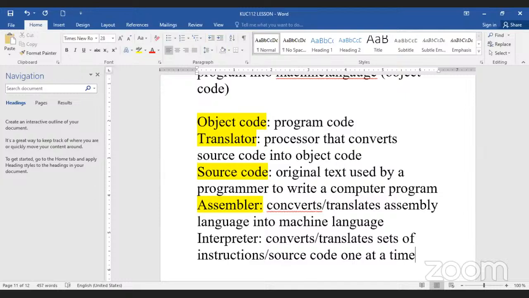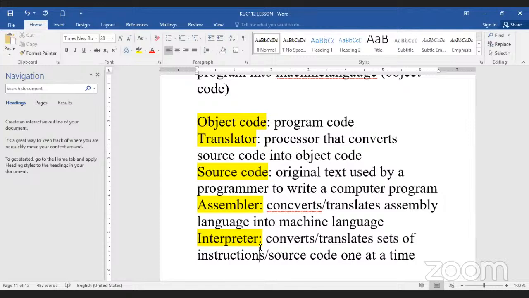So you can refer to the difference between an interpreter and a compiler. A compiler does everything at a go, but an interpreter converts one instruction at a time.